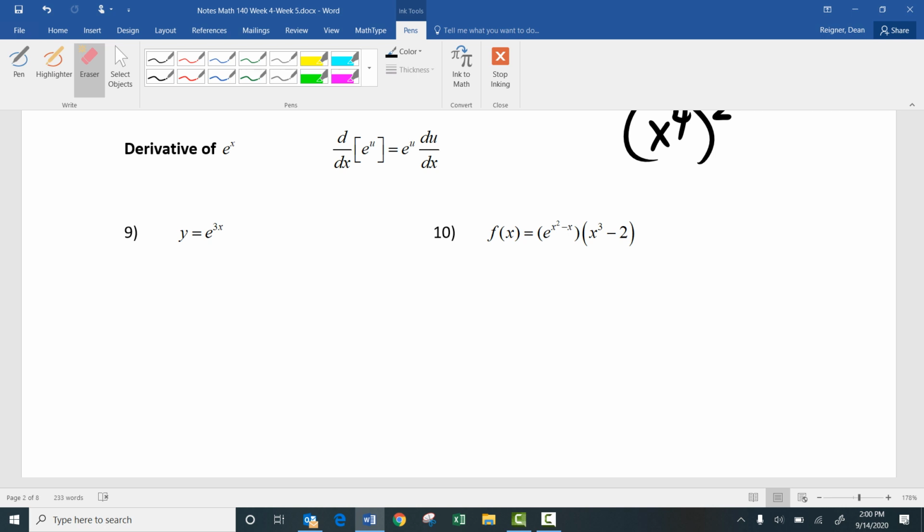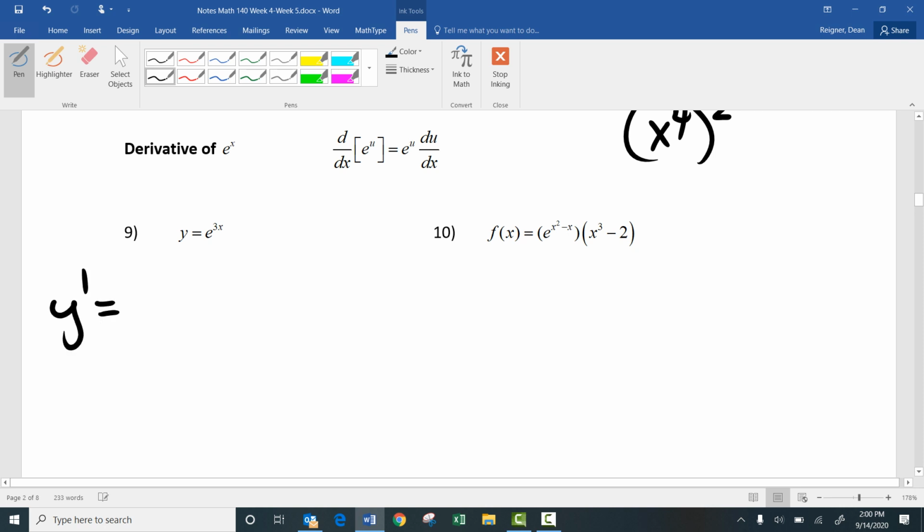So here's how you do the derivative of e to something. Now the exponent, you'll see, has an x in it. So here we go. The derivative of y is y prime. So the derivative of e to the whatever power is e to the whatever power. So it doesn't change, which is what this formula says.